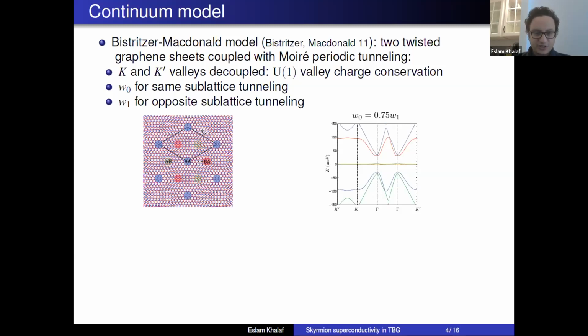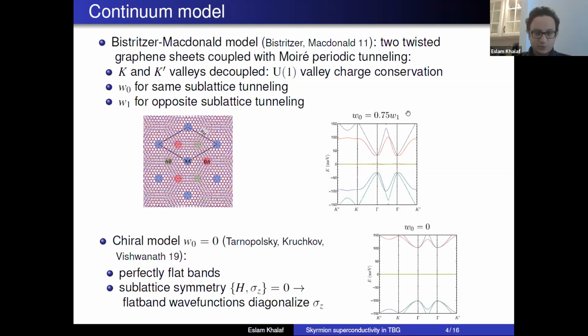Since graphene likes to be AB stacked more than AA stacked, it's useful to introduce 2 different tunneling parameters to denote this difference between the tunneling at AA and AB stacking regions. For the realistic values of these parameters, the opposite sublattice hopping is roughly 75% of the same sublattice hopping, due to this preference for AB stacking.